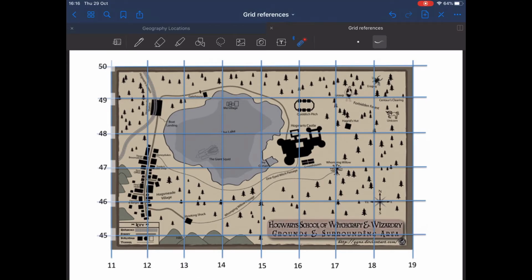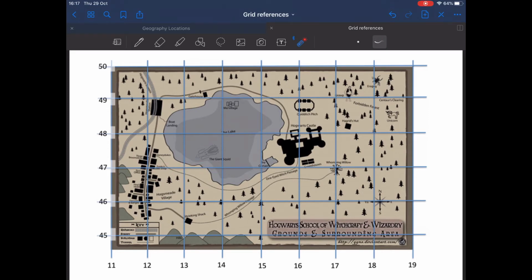And we can also see that there is a line on the bottom, and we would find that line on the bottom and see what the number was for that. So the grid reference for this would be 1, 3, 4, 7. So you can see it's 1, 3 from the left hand and 4, 7 from the bottom. And we always go with the left hand number first and the bottom number second for our 4-figure grid references.